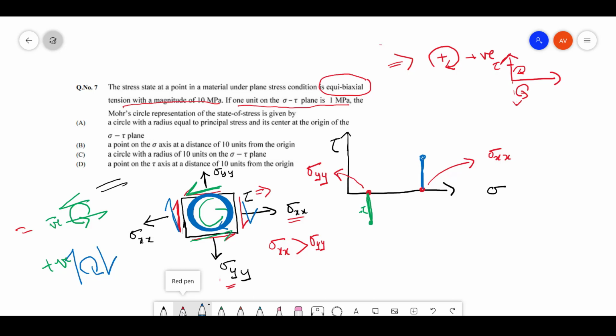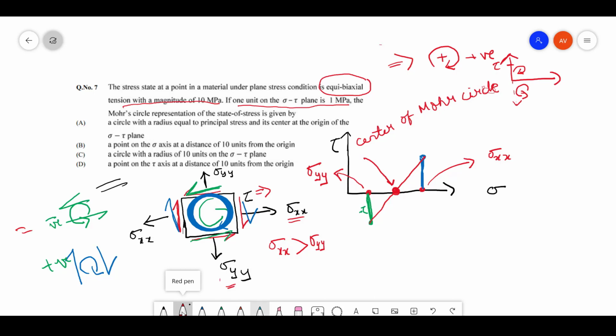Okay, now if I join these 2 points, I'm going to get some particular point of intersection, right? This is the center of my Mohr circle. Okay, so now I take this as the center.